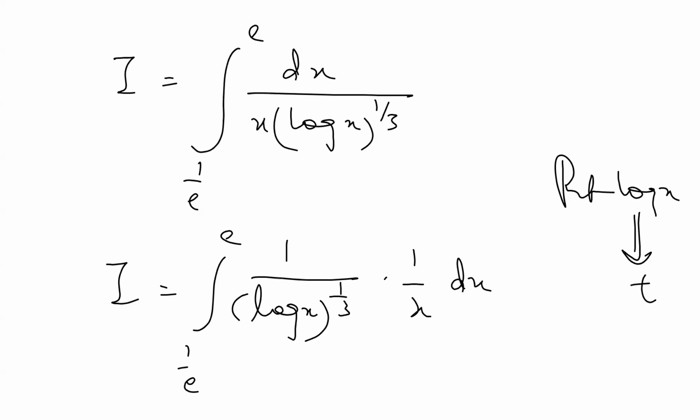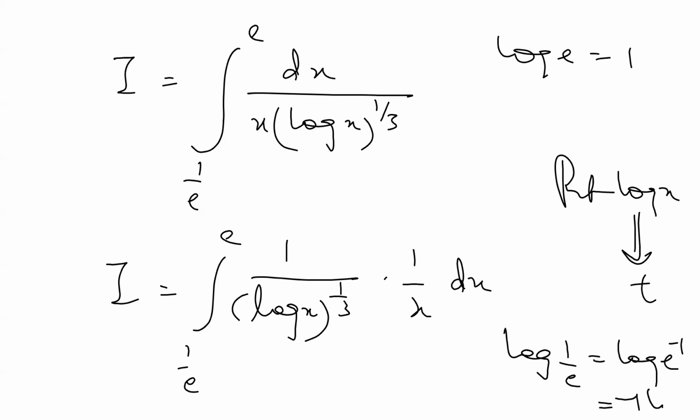Now guys see one more hint, this will be t raised to 1 by 3, it will go up, it will be t raised to minus 1 by 3. Also log e is 1 and log 1 upon e is log e raised to minus 1, which is minus 1 log e. Minus 1 will go over here, so answer is minus 1 over here. So these are the hints for this problem.